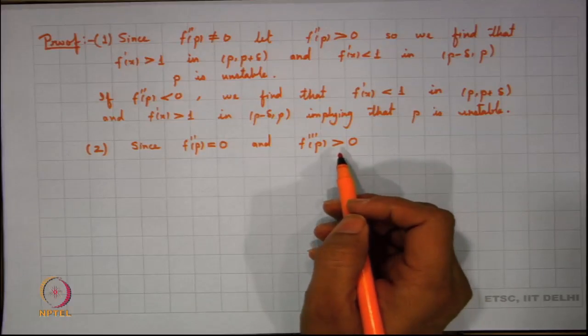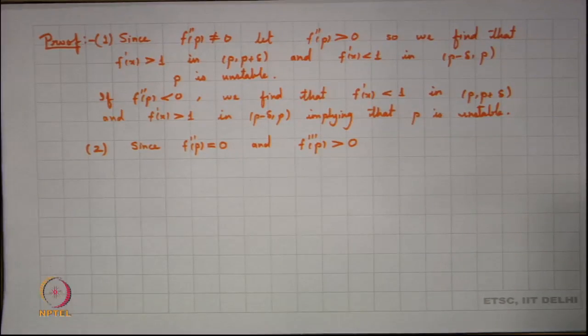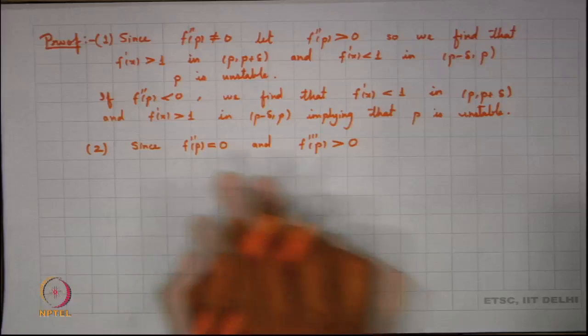Since this is greater than 0, that means your f double prime p is increasing. What does that imply? It is greater than 0 in p to p plus delta, and it is less than 0 in p minus delta to p. So, what happens in that case? Your f double prime p is less than 0.